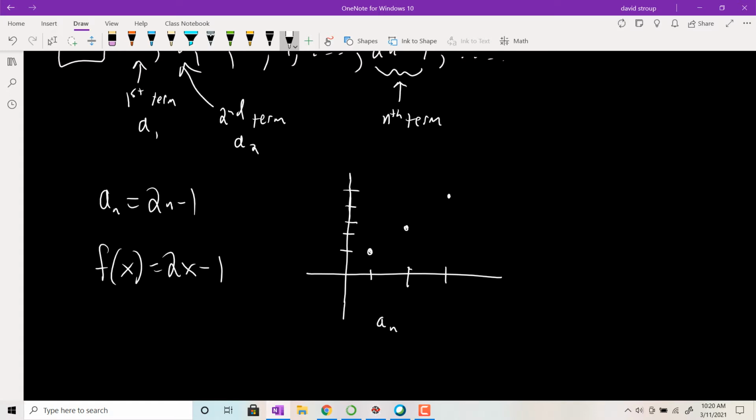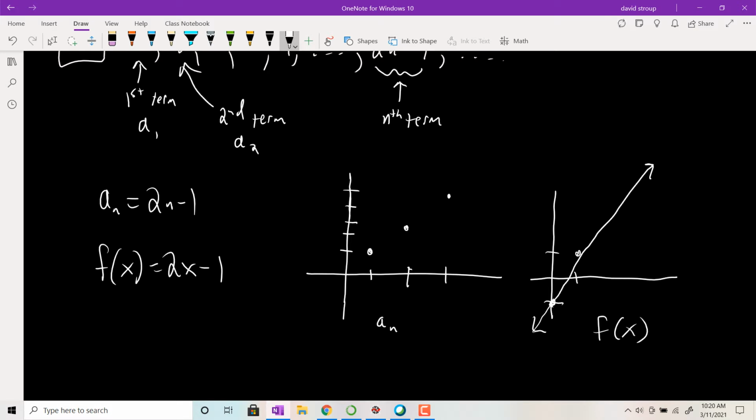So if you plot a sequence, you just get a bunch of dots, and you compare that to a plot of the actual function. Wait a second, is a sub 1 really 1? Yeah, it is. It looks like the line is going through 0, 0, but it doesn't. The actual line intercept is at -1. If we were to plot this on the real numbers, it would look something like this.